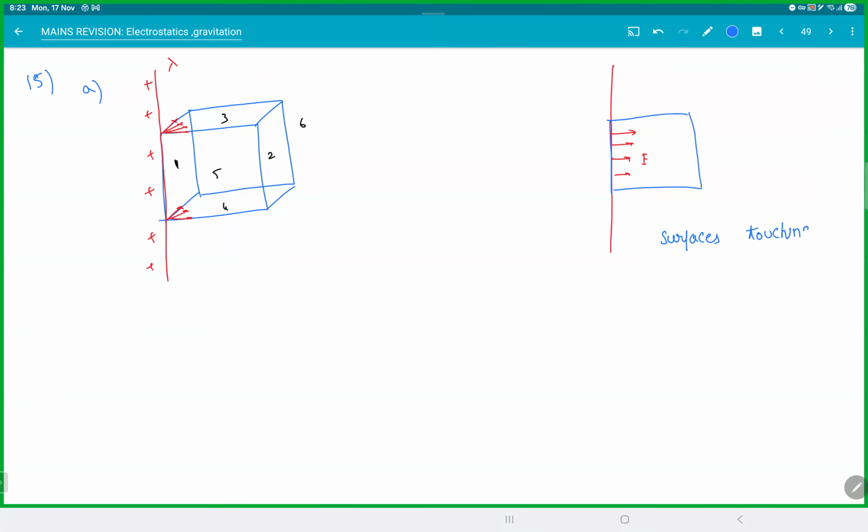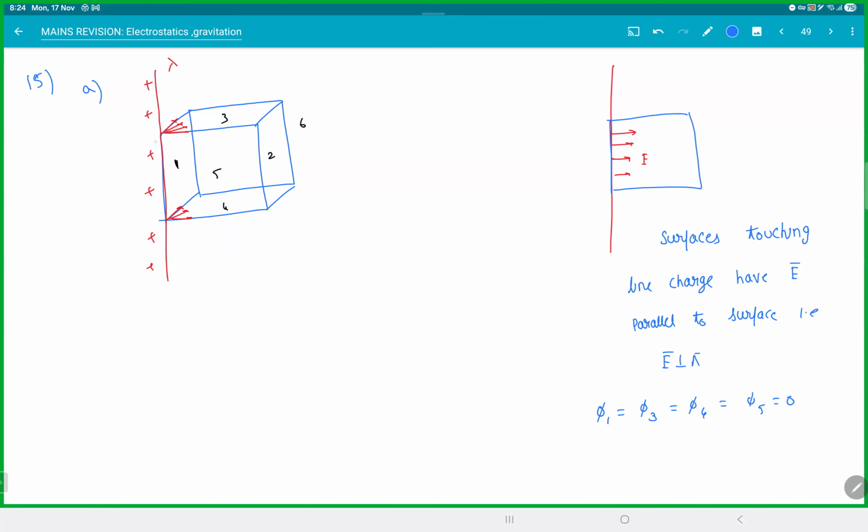So surfaces touching the line charge have E parallel to the surface, that is, E is perpendicular to the area vector. Therefore, in this case, flux in 1, 3, 4, 6 is zero on that side, and 5 is zero.